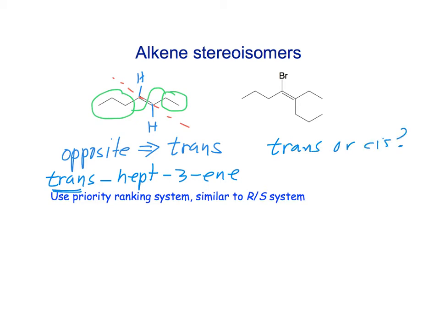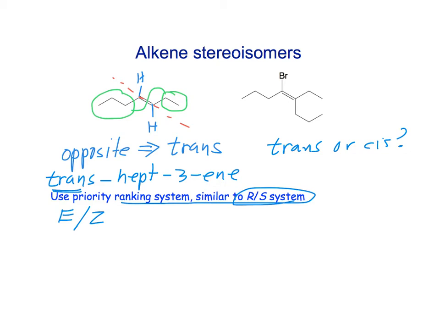So what we're going to do is we're going to jettison this cis and trans terminology, and we're going to go to something that's called the EZ designation. All right, and this system uses a priority ranking system similar to what we did when we were determining chirality of stereogenic centers.